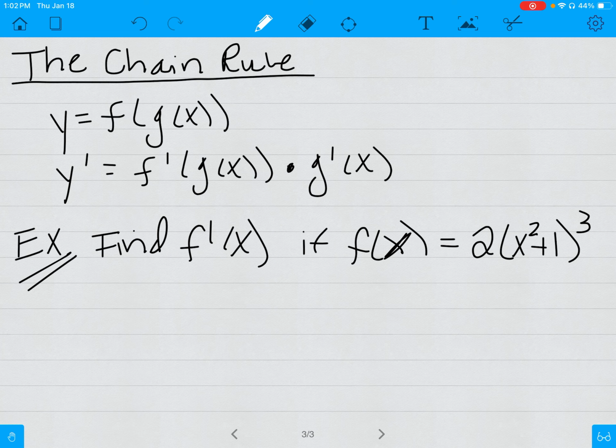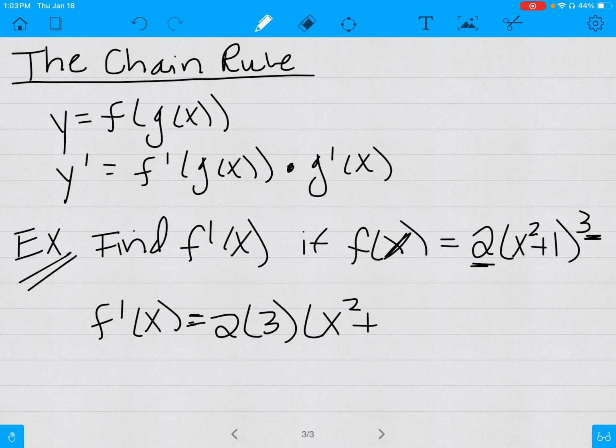And because we've talked so much about derivatives of power functions, things that have bases raised to exponents, we can see here that we've got this 2 out front, we've got this 3 here, and it might be really tempting to say f prime of x is equal to 2 times 3 times x squared plus 1 squared, right?